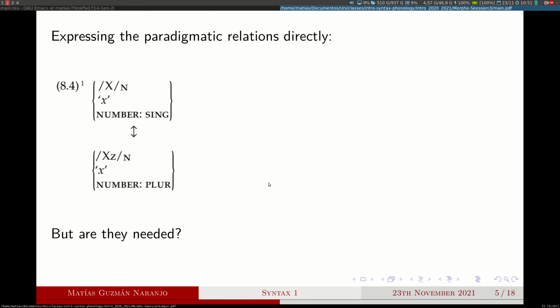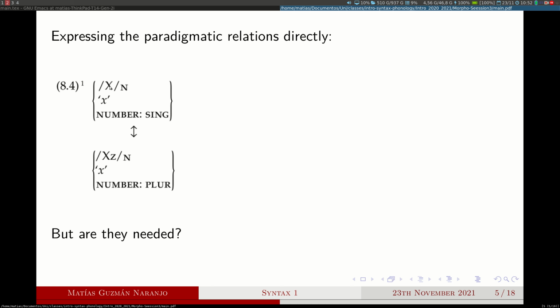However, you can also express relations purely on a paradigmatic dimension. So if you have something like this, then you're saying that there's some phonology here which is expressed by a variable x in this case, and it has the semantics of being singular and it has some meaning.